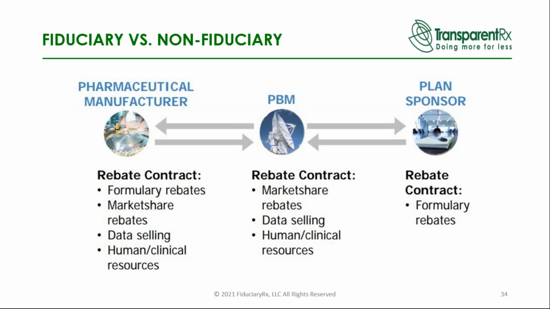Not necessarily getting the lowest net cost, but just the optics. So let me tell you what the optics mean. The difference between a fiduciary PBM and a non-fiduciary PBM is what happens after your plan goes live. That's the big difference.